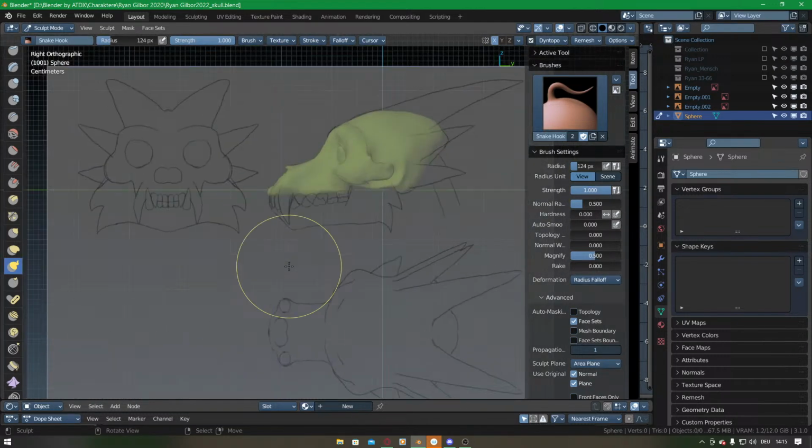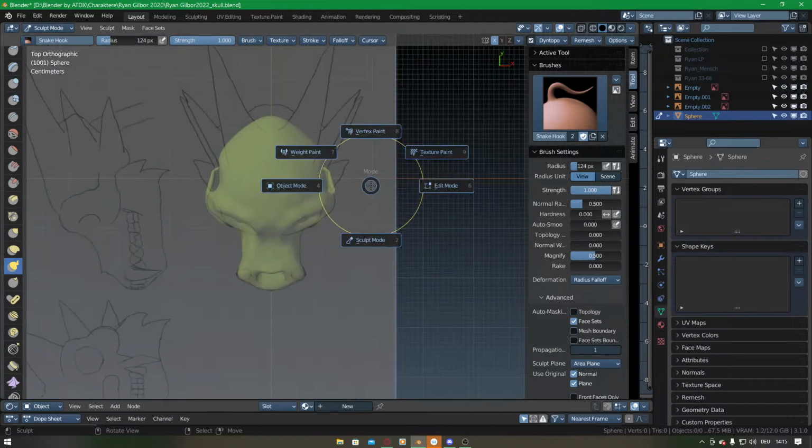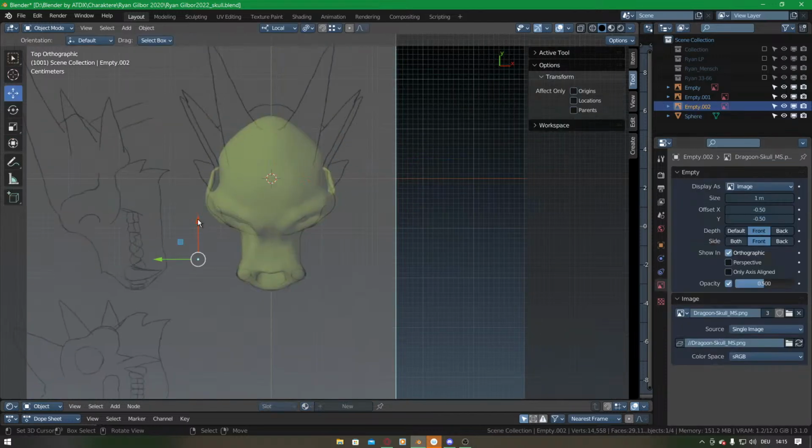Okay, so it appears that the one position isn't placed correctly. Hold on, then I need to actually.